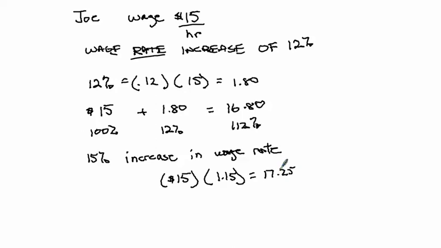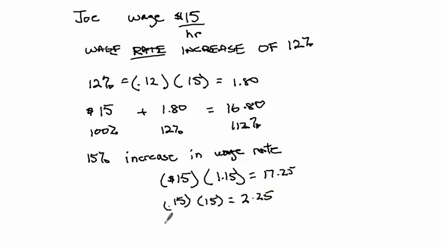Okay, now I could have just multiplied the 15 by 15% or 0.15, okay, and then add that to the $15. So if I took 15%, 0.15 times 15, I would get 2.25.